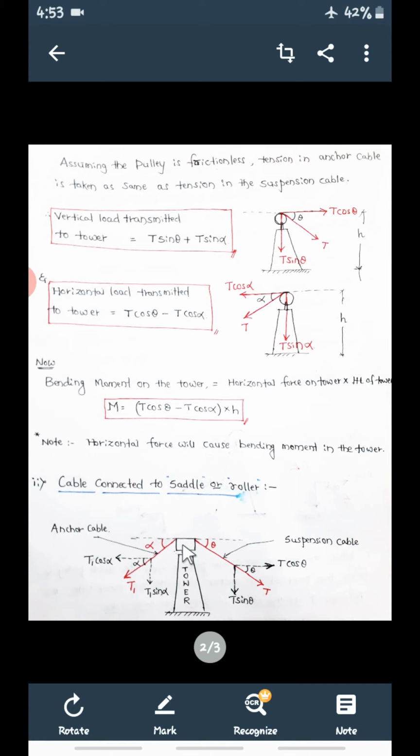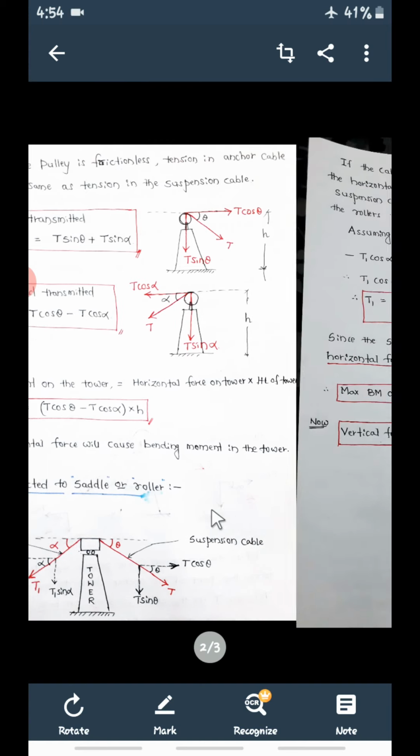Here there is no pulley, so the tension in the suspension cable is different from the tension in the anchor cable. Here the tension is T, here the tension is T1. So I can resolve this T1: horizontal is T1 cos alpha, and vertical is T1 sin alpha.